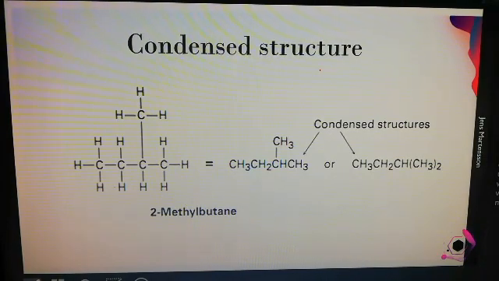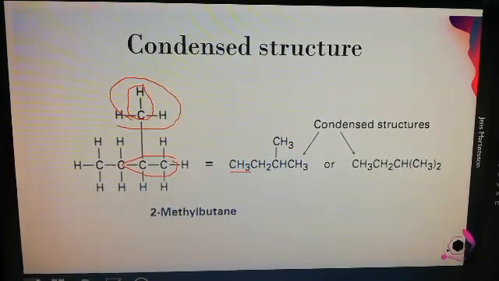So, in condensed structure, carbon-hydrogen bonds and carbon-to-carbon single bonds aren't shown. Okay? So, ito, nagiging CH3 na lang. So, they are understood instead.